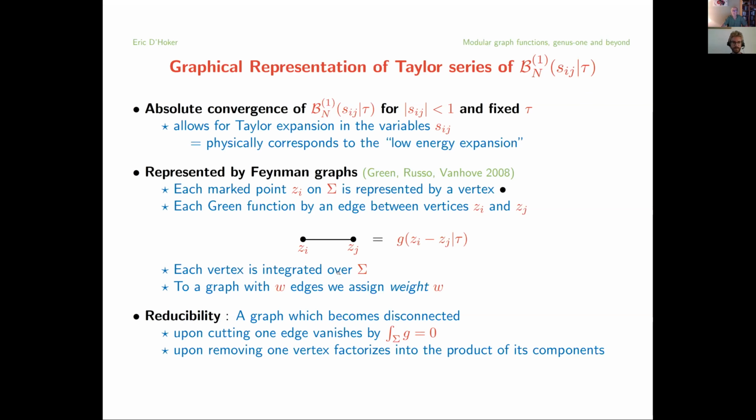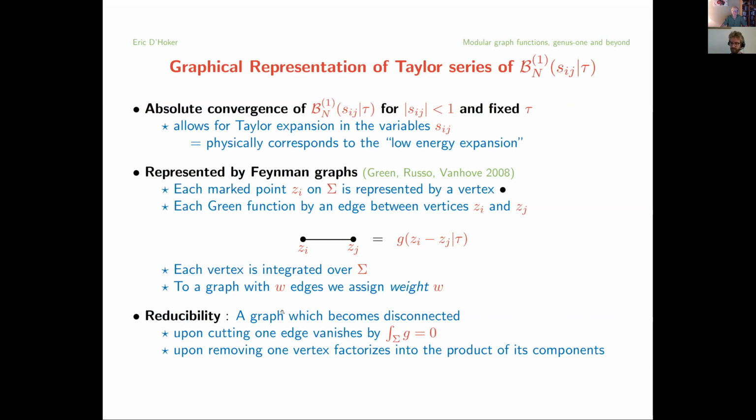And then you integrate over all vertices. And if you count up the number of Green's functions that occur, that we define to be the weight. So this is not the modular weight. The modular weight of this is 0 because it's SL2Z invariant, but traditionally it's given the same name, the weight.